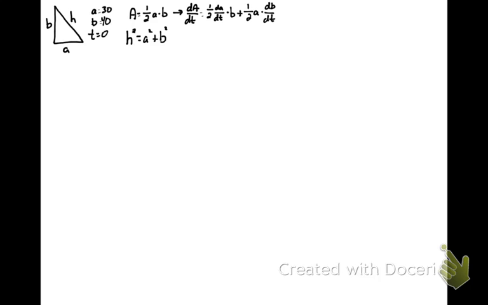And if we wanted an expression for the rate of change of the hypotenuse, then dH dt, how the hypotenuse is changing, actually it's h squared in our expression, so the derivative of h squared would be 2h dH dt, which would be equal to 2a dA dt plus 2b dB dt.